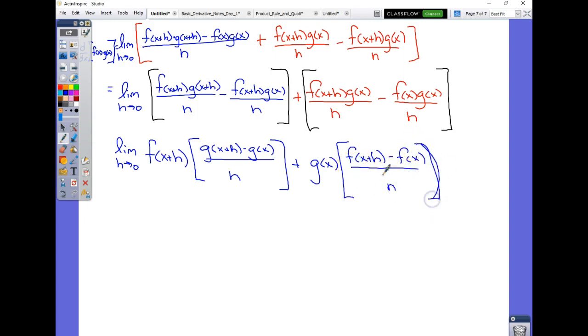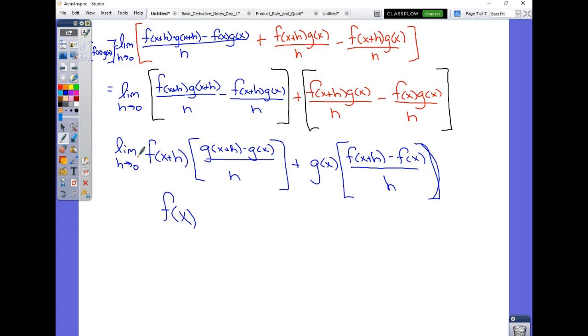Whoops, one bracket. Now, if we let h go to 0, f of x plus h becomes, if I let h go to 0, this limit hits this and then it hits this.